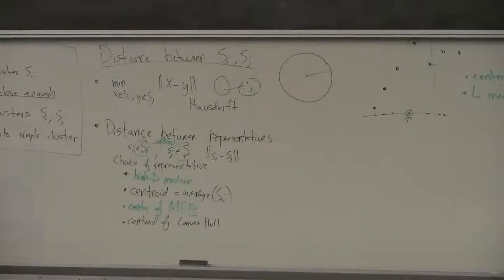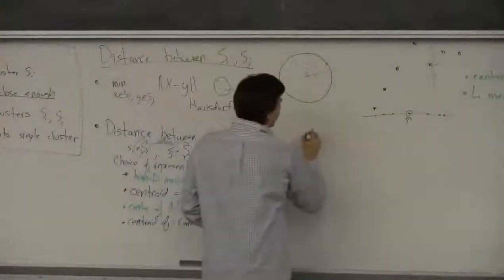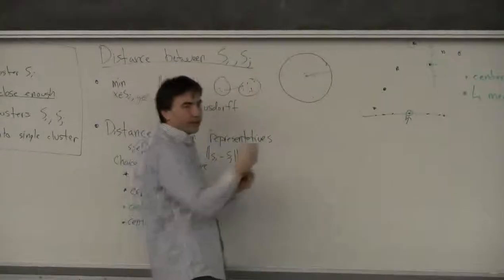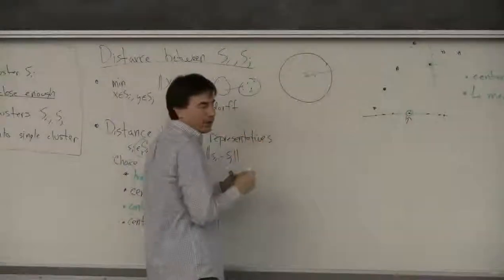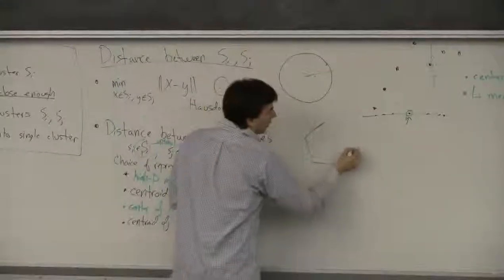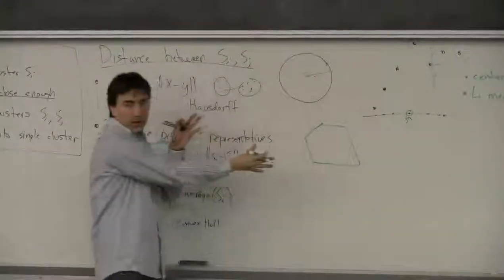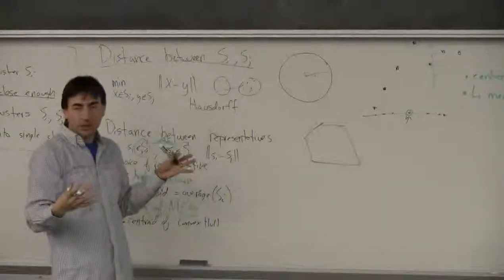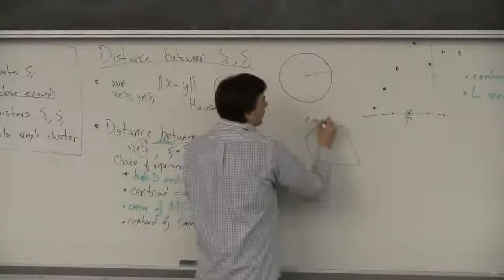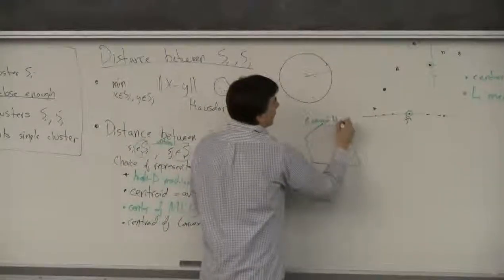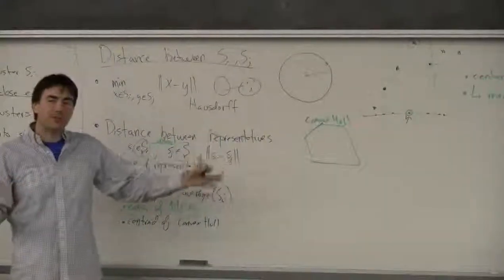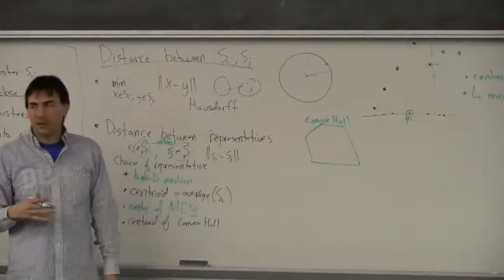Okay, so the convex hull of a point set: let's say a point set looks like this. Think of these as nails in a board, and you put a rubber band around the outside of them, and you could draw a shape like this. This is known as the convex hull. It's the smallest convex set that contains all the points.